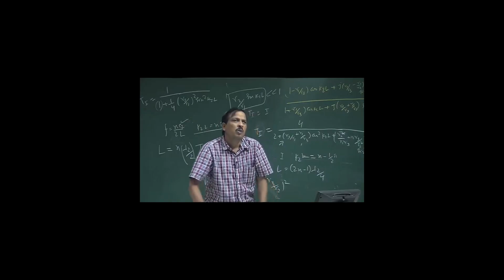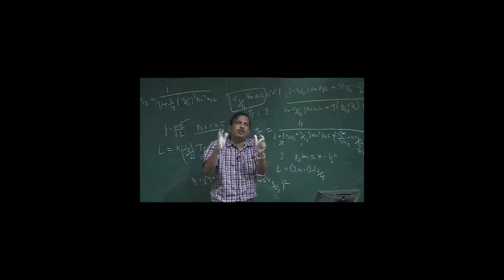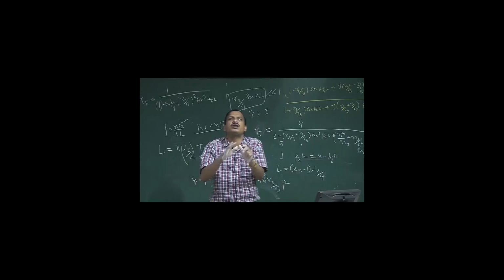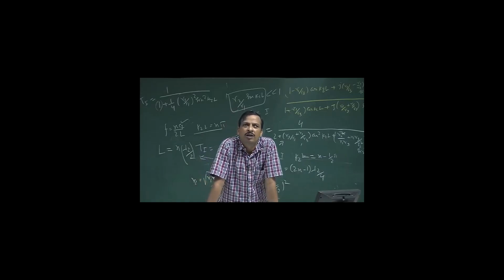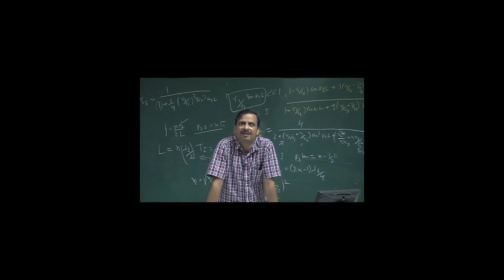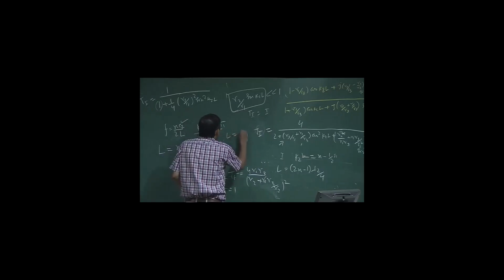So, when I design the length of the wall for an acoustic studio, I have to think about the operating frequency condition, and for that frequency condition I have to think about L. I should not make L an integer multiple of lambda by 2.